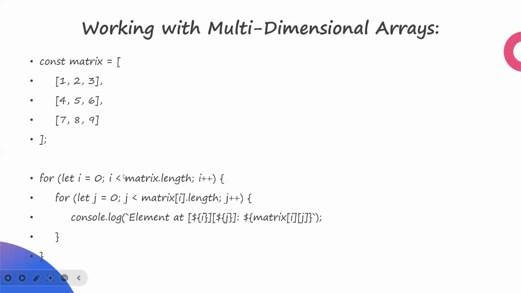Instead of i less than 3 or i less than 5 that we used to do, we are saying matrix.length. We are working on the length of this. Don't worry if you don't understand this code; I'm not going to explain it because I might bring more confusion. When we start talking about arrays, we'll talk about multidimensional arrays and how to loop through them. That's okay.